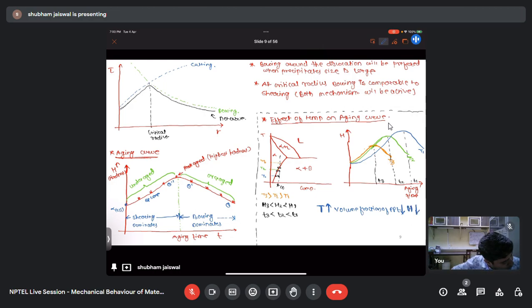And so if the temperature increases, the time to reach the peak hardness decreases. So this is all about the effect of temperature on aging curve.